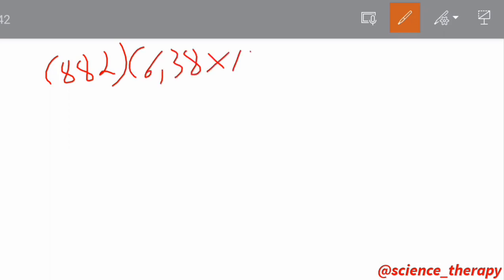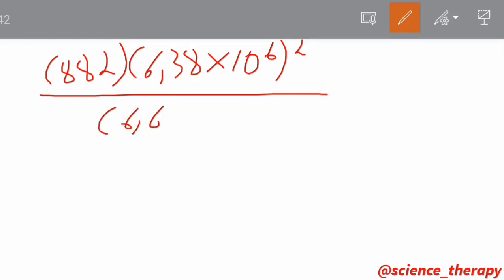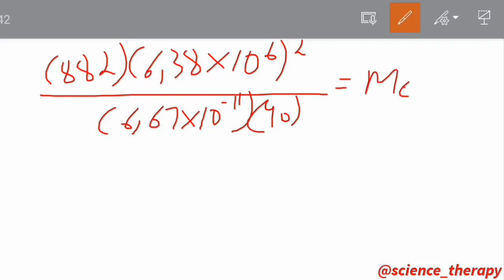So we have 882 multiplied by 6.38 times 10 to the power of 6, squared, all over 6.67 times 10 to the power of negative 11 times 90, and all that is equal to the mass of the Earth.